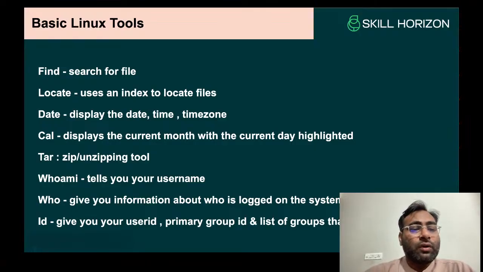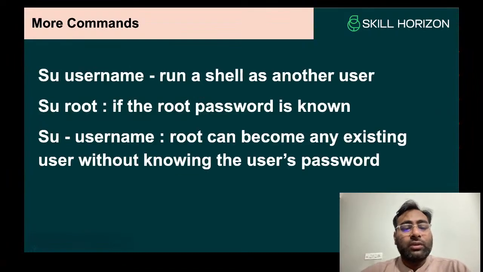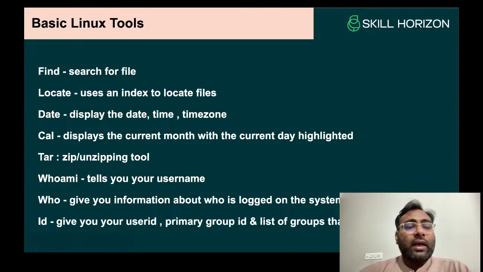Suppose you want to search for a file, then you can use the find command. And if you want to locate something, then you can use the locate command. If you want to display the date, time, or time zone, then you can use the date command. And then calendar, cal. It displays the current month with the current day highlighted.